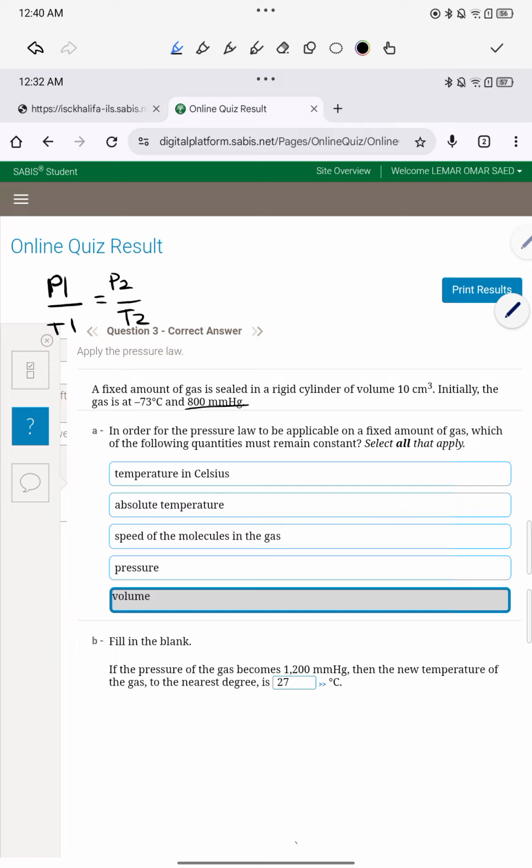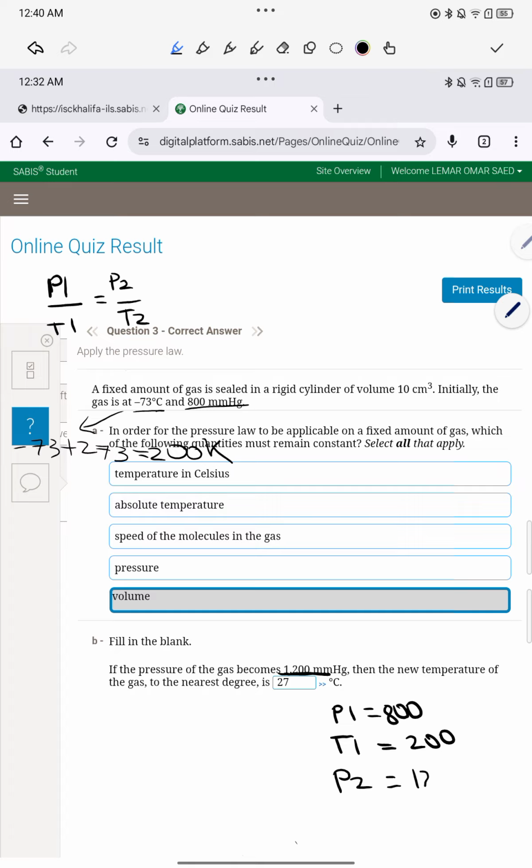T1 is negative 73 plus 273 because we need to make it Kelvin, so it's 200 Kelvin. Now, the second pressure, P2, is 1200. So P1 800, T1 200, P2 1200, T2 is what we're trying to find.